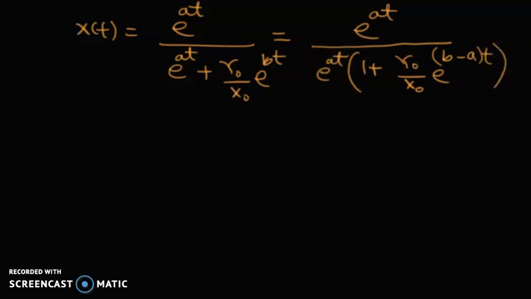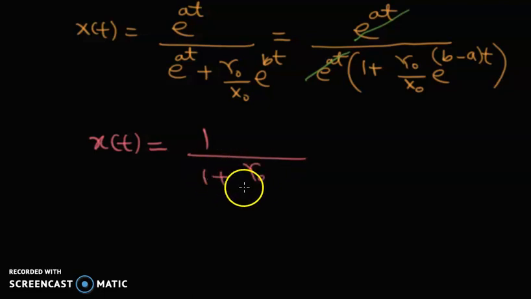But then this gets cancelled with this, and we are left with x of t equal to 1 over 1 plus Y naught over X naught e to the (b minus a) times t.